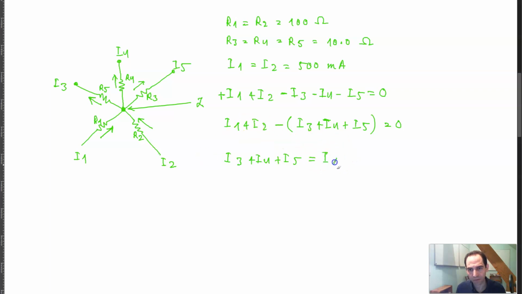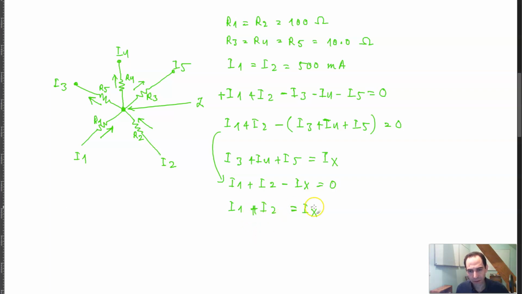I call it, for example, I of x, right? So I can write this equation as I1 plus I2 minus I of x is equal to 0, and therefore I1 plus I2 is equal to I of x, right?